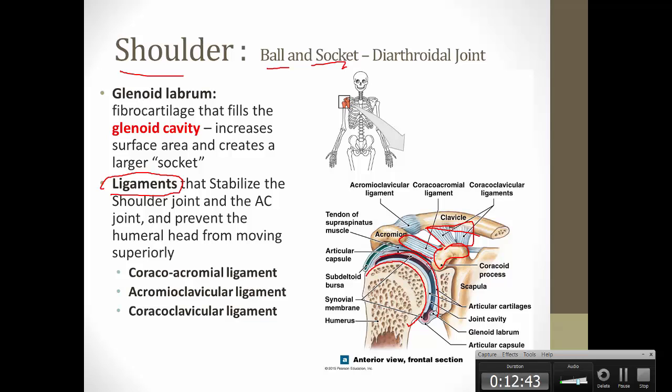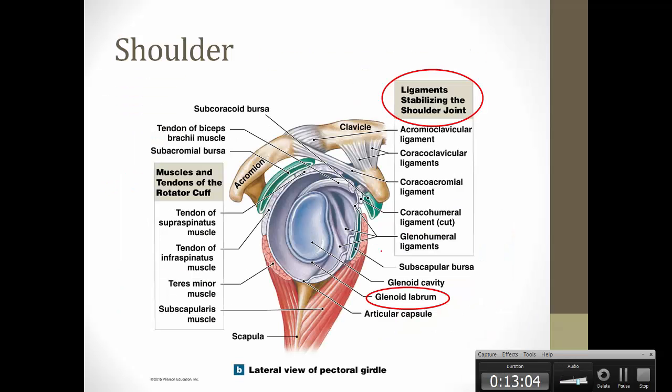So we'll call this the coracoacromial ligament. And another ligament here attaches the clavicle to the acromion. So we call this the acromioclavicular ligament. The function of all these ligaments is to provide extra support to the unstable shoulder joint.